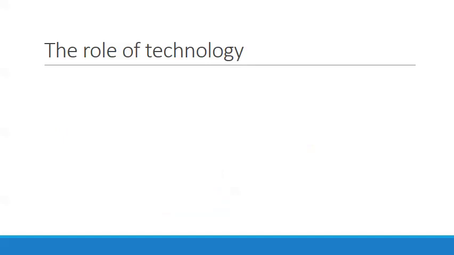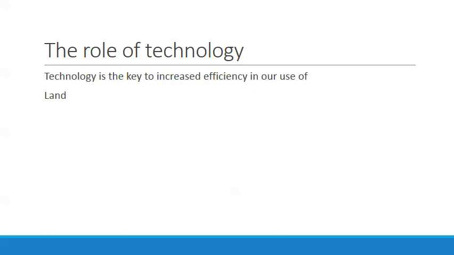Okay, so some people would argue that technology is a factor of production. I do not consider technology a factor of production. Rather, I consider technology to be something that you would call maybe an accelerant. To give you an idea what I'm talking about, technology is the key to increased efficiency in our use of land, labor, capital, and entrepreneurship.